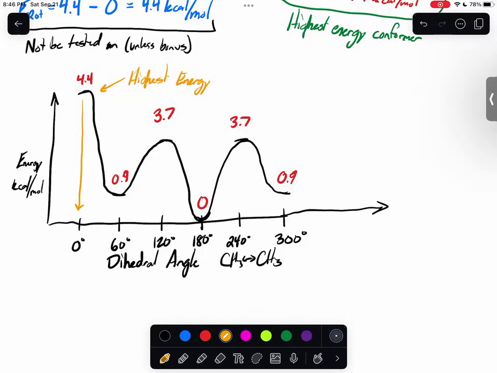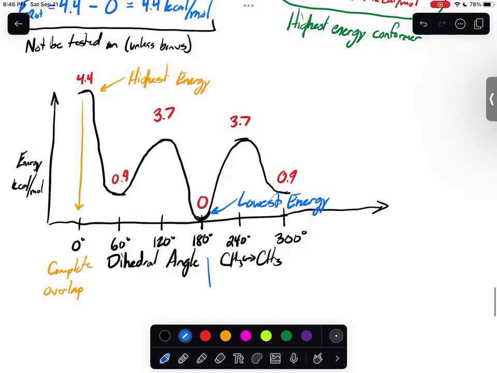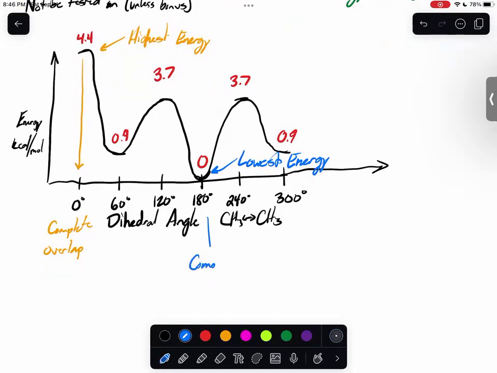So 0 degrees is complete overlap. And then if we take a look at where our lowest energy was, that would be this one here. This conformer happens to be the 180 degrees, which is completely opposite of one another.